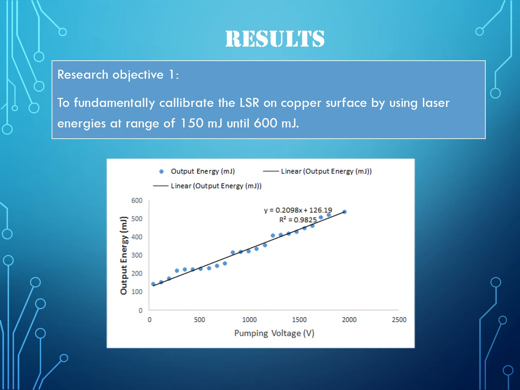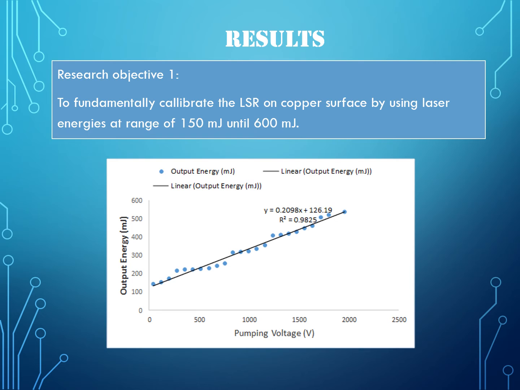For answering research objective 1, to fundamentally calibrate the LSR on copper surface by using laser energy in the range of 150 millijoule until 600 millijoule, it is found that the laser output energy was measured as a function of pumping voltage. A calibration curve is shown in the figure.